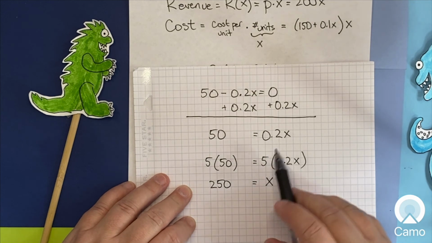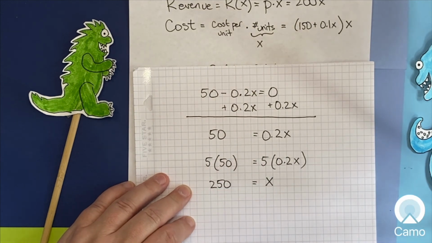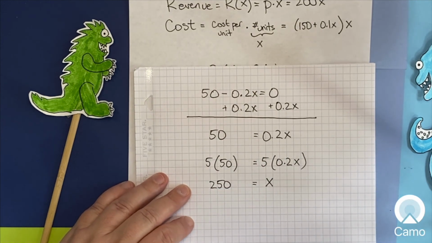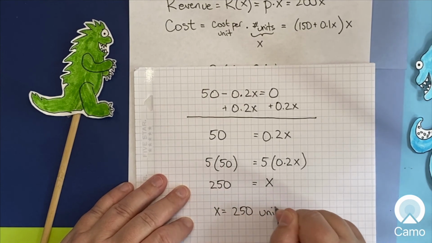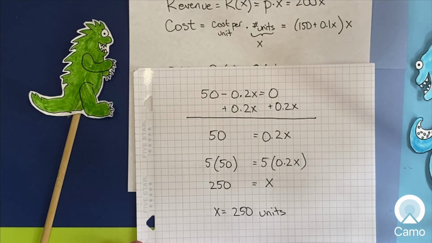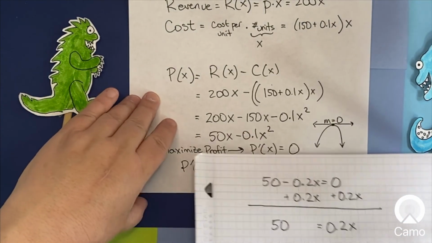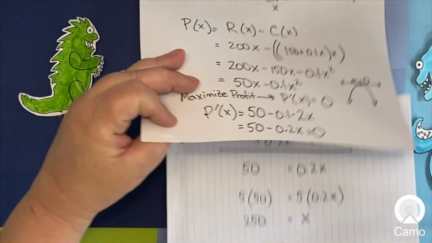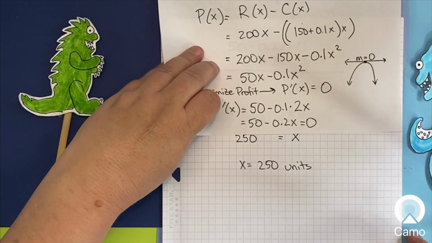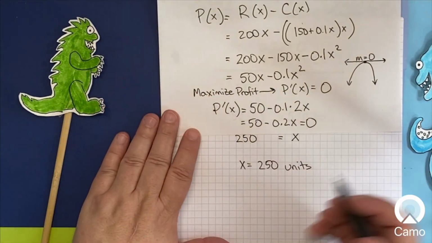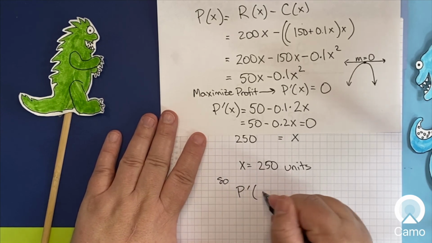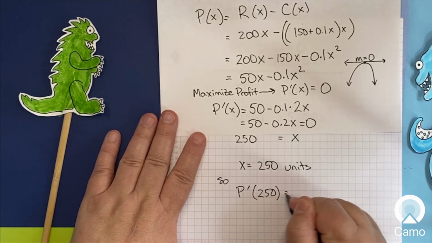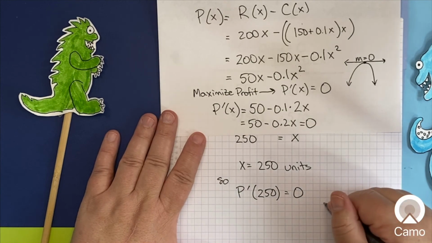What does that mean? We were trying to maximize the profit. The derivative of p at 250 is 0. That means the point right at the top, where the slope of the tangent equals 0, is x equals 250.